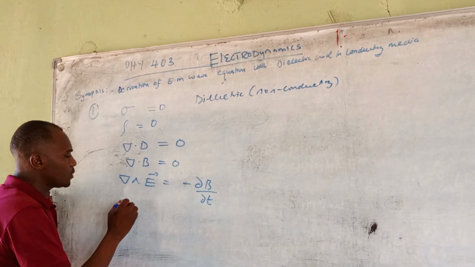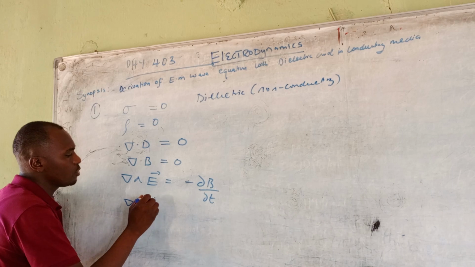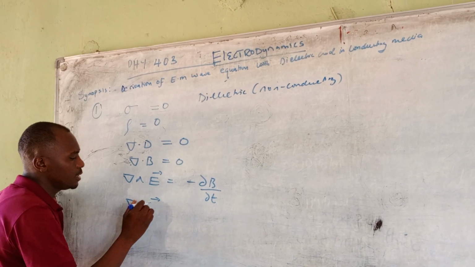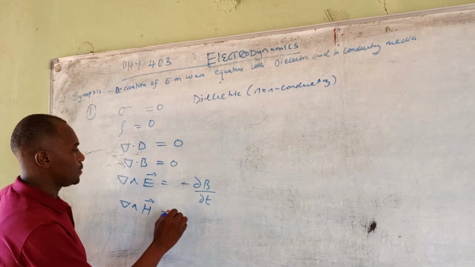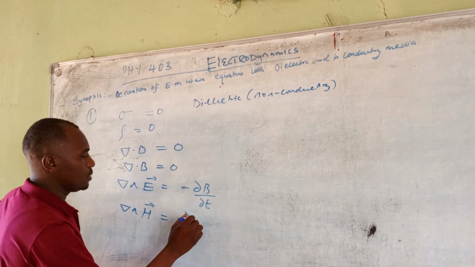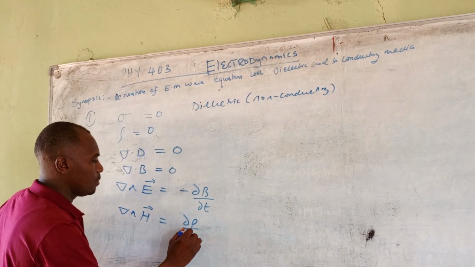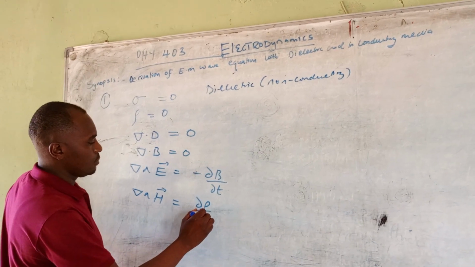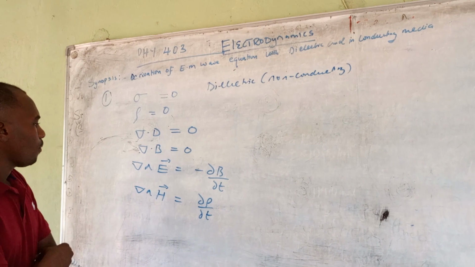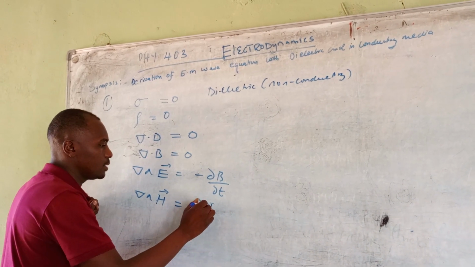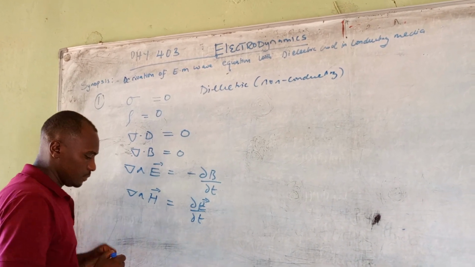And the fourth Maxwell equation says the curl of H is equal to the derivative of D with respect to t, dD by dt.